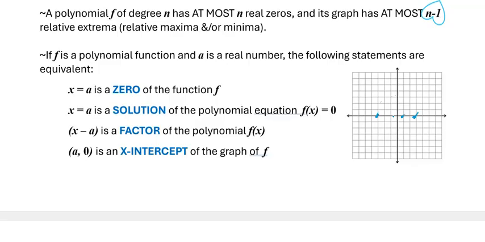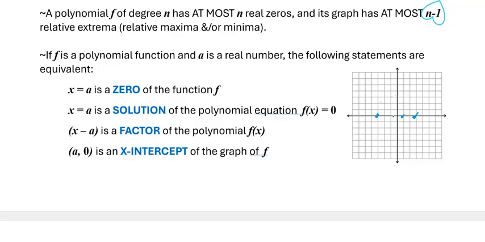So if f is a polynomial function and a is any real number, the following statements are equivalent to each other. x equals a is a zero of the function is the same thing as saying x equals a is a solution of the polynomial equation f of x equals 0. In other words, a zero of the function is a value that makes the entire function end up equaling 0.